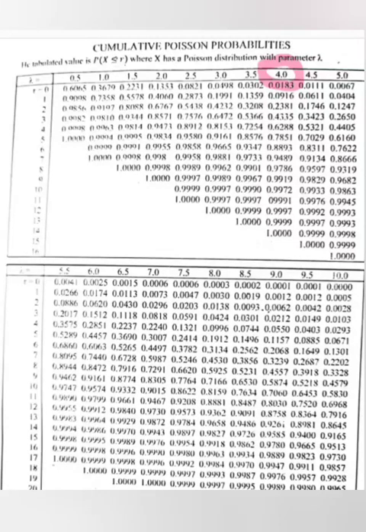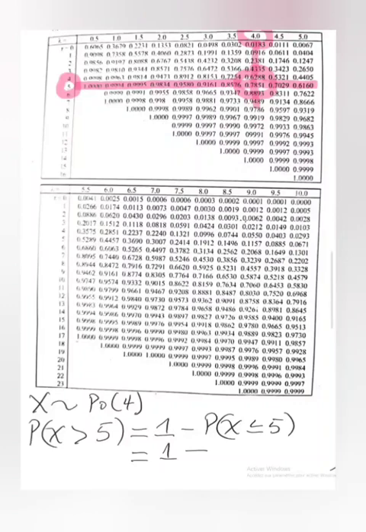So 5 is here, and then now I draw a horizontal line from that 5 and a vertical line from my lambda so that I get where they intersect, and that gives me the cumulative probability value of 5, which is 0.7851.